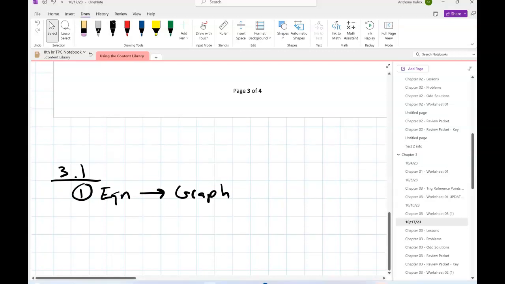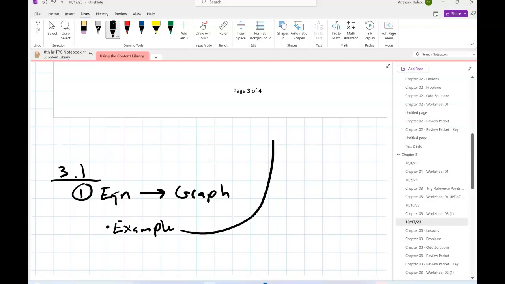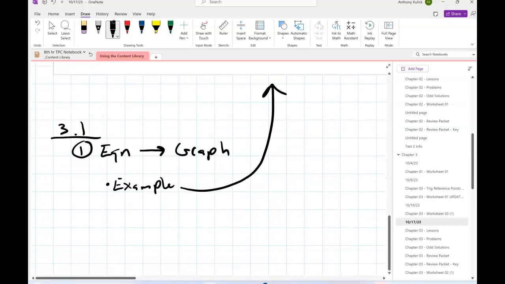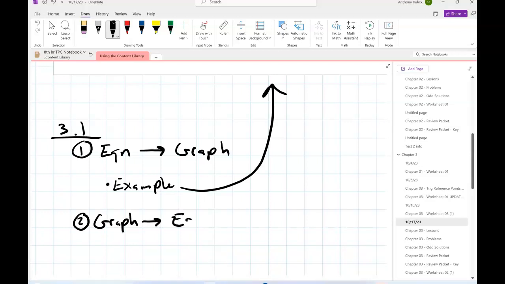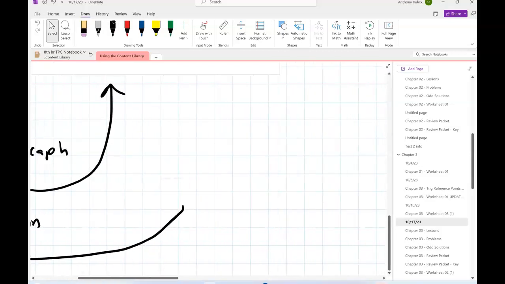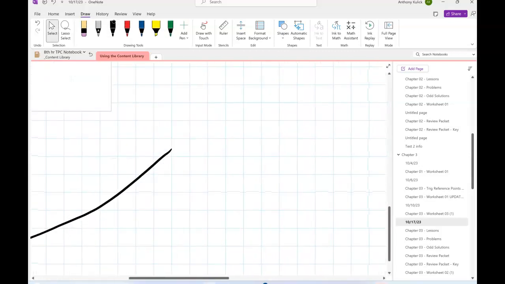And we reviewed that process with Miriam's question, correct? And then we've taken a graph and used that to generate an equation. An example of that was Wade's question that we did just a minute ago.